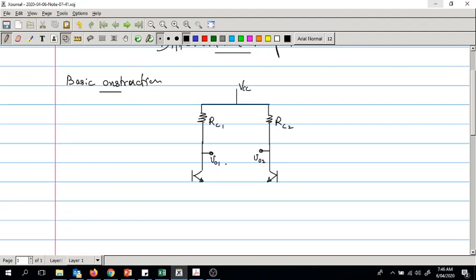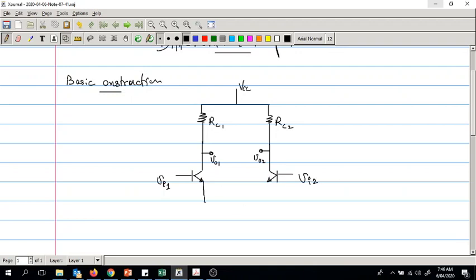Now I'm drawing the simplified circuit for easy analytical purposes. So on top of this we will be having the biasing circuit, all those stuff would be there, as what we had in the single ended amplifiers. So this is VI1 and VI2.